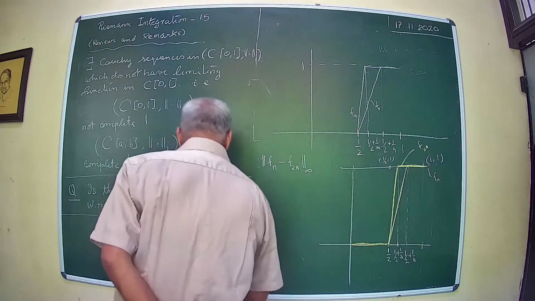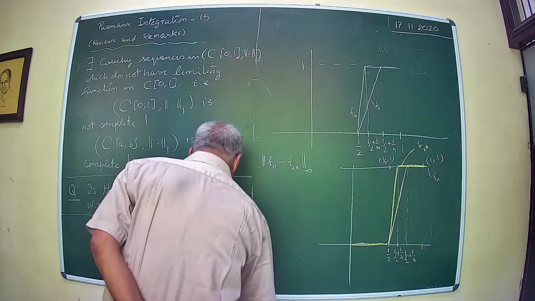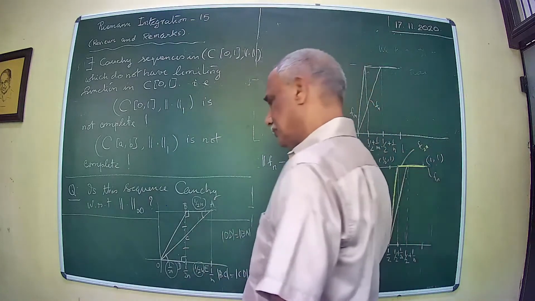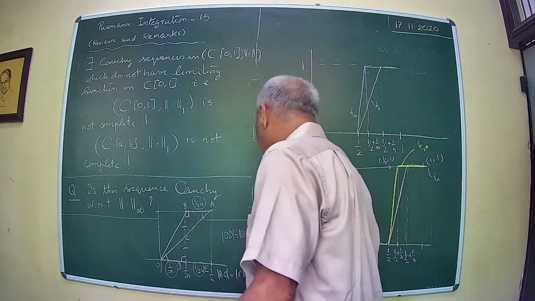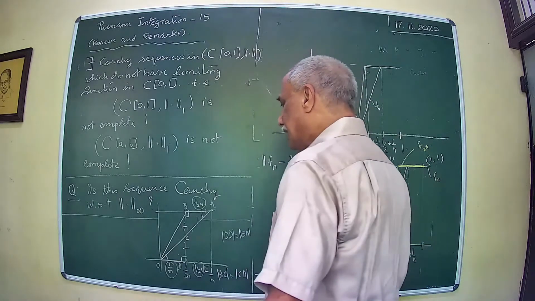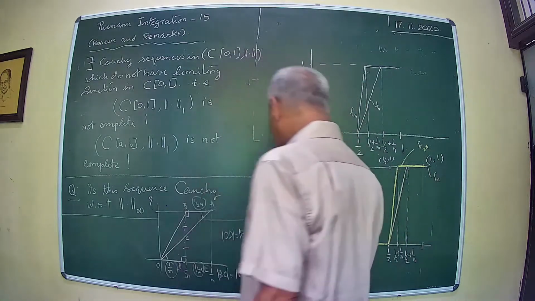And you know that BC plus CD is equal to 1. Therefore, each one is equal to half. And that does not depend on n at all. This is independent of n.